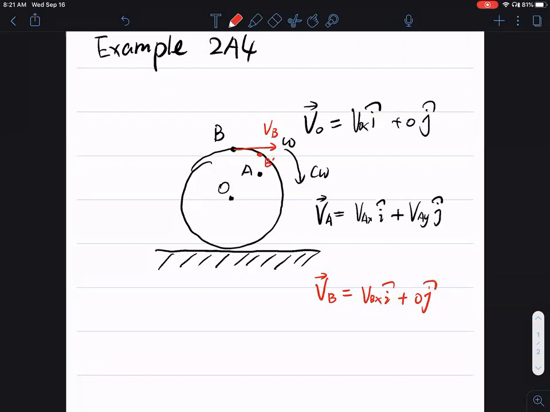What's the velocity vector going to look like for B prime? Once it's moving off from the top point, it starts to have both I and J components. So for B prime, it should have both I and J components.